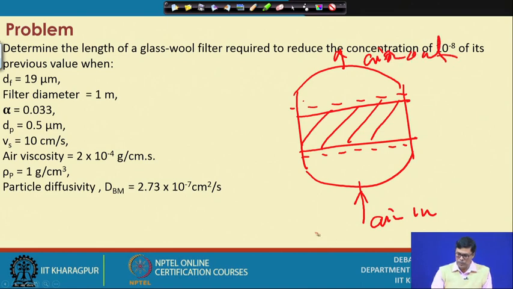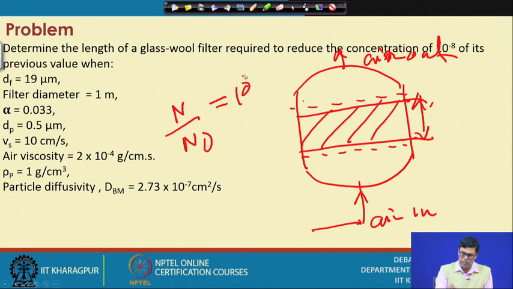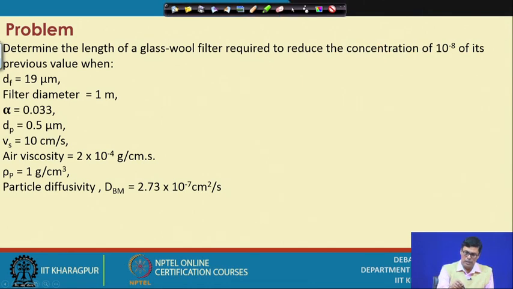Here we know the flow characteristics of the air, the diameter of the filter, the velocity, the air viscosity, the particle diffusivity, everything. So, we have to find out the length of this air filter to get the value N by N0 of 10 to the power minus 8. Am I right? Let us see how we can solve it.